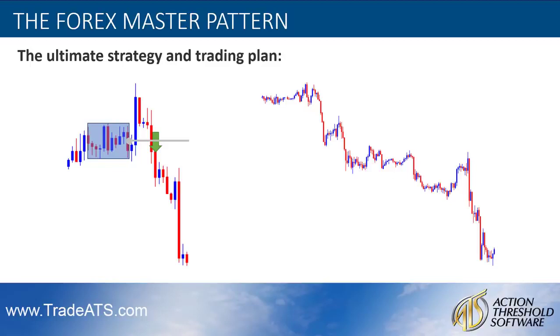But what I want you to think about is that eventually, even in a trending move, remember, it will go back into the contraction phase and it will stop. And eventually, the further the trend goes, the less probability you have of getting paid, right?